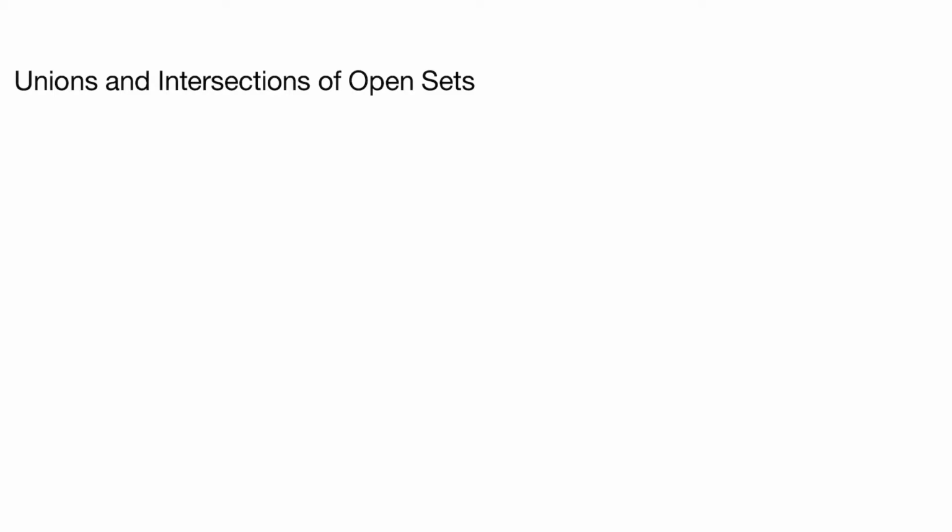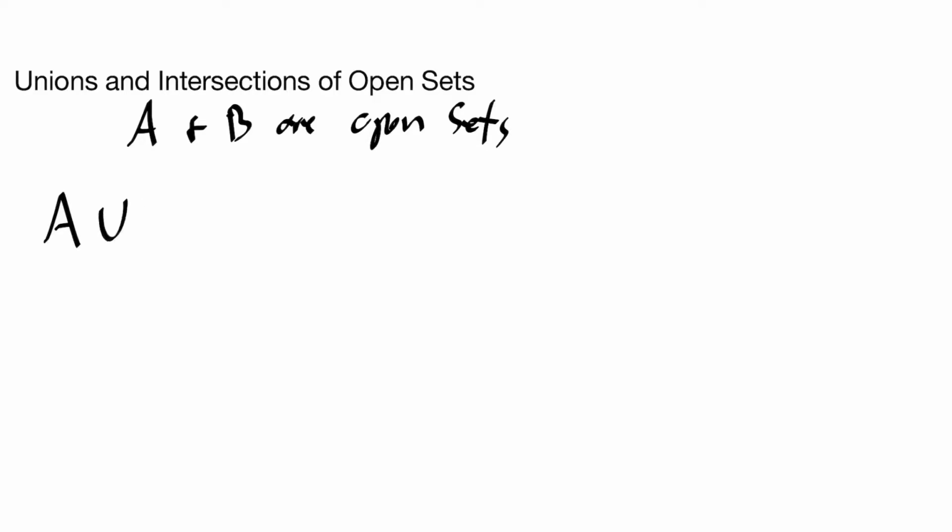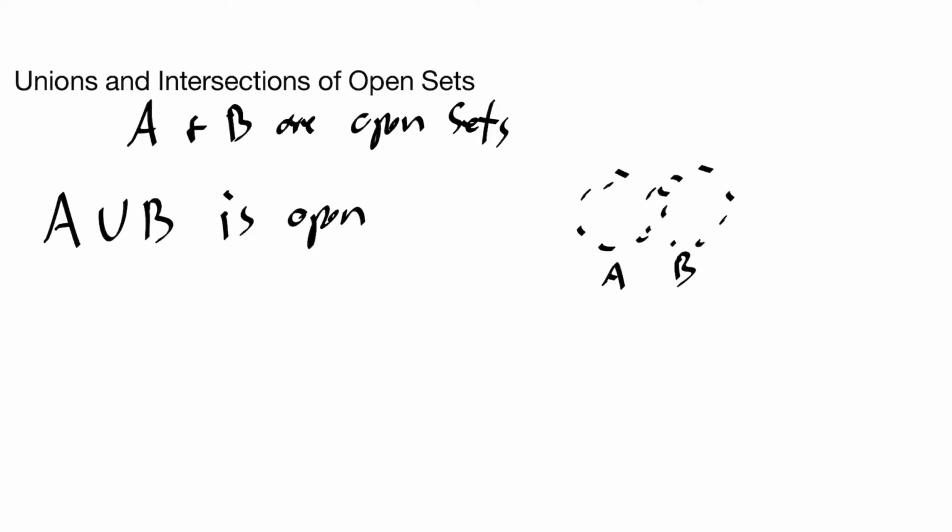So first thing that you should know is what happens if A and B are open sets, then what happens if we take the union of two open sets? Well, then that one is going to be open as well. And we actually talked about this just a little bit in class the other day, but the reason is if I have one set here for A and say another set here for B, then when I combine them, I get the larger set.